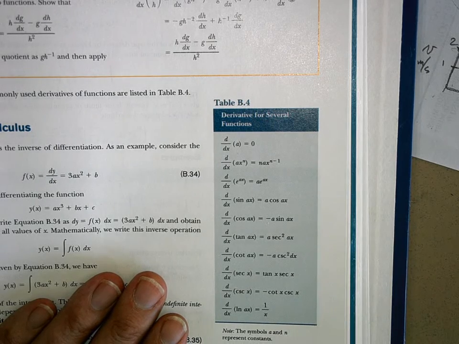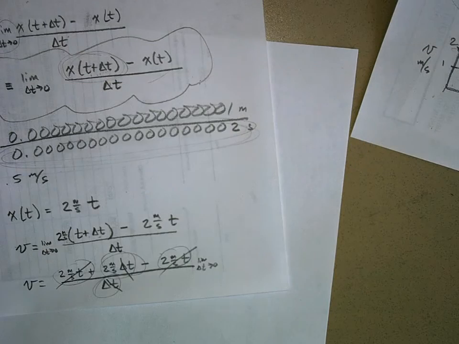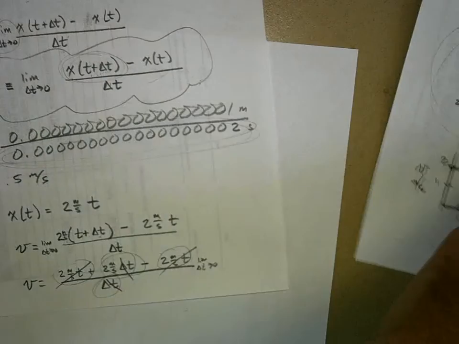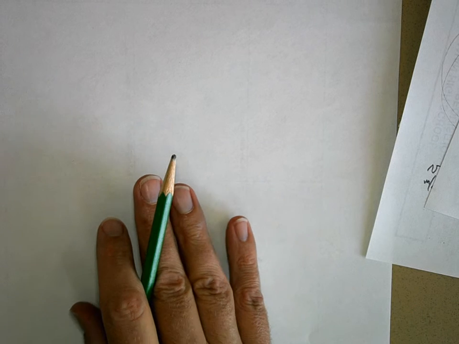Okay, now you can't really see that, so I'm going to write them down, in terms of t. These are rules to follow. The most important rule is called the power rule.